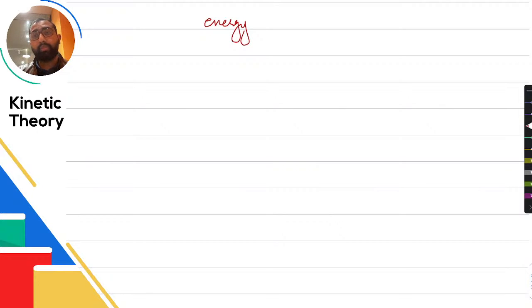So this energy goes into the things and it can either be converted to their kinetic energy. So when things have more kinetic energy, remember, they move more. So either it will make them move more, or if it doesn't do that, then it will convert to a form of potential energy, and that will overcome or break down the forces between them.